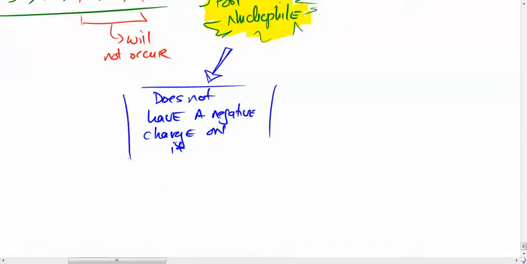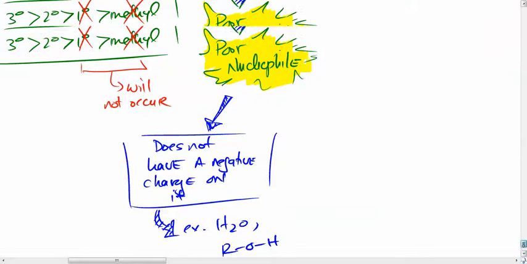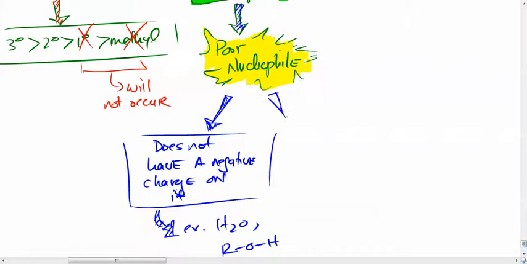So an example of this would be H2O or some kind of alcohol, right? So these don't have any charges on there. Poor nucleophiles are generally also poor bases.